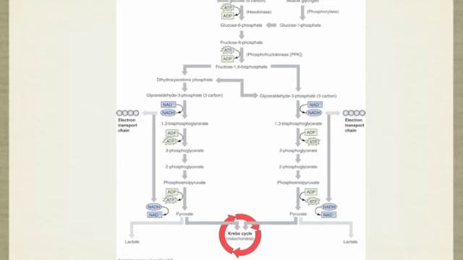And so eventually we use another molecule of ATP to form what's called fructose 1,6-bisphosphate, which breaks down into two separate molecules, and then those are put through the process of glycolysis.